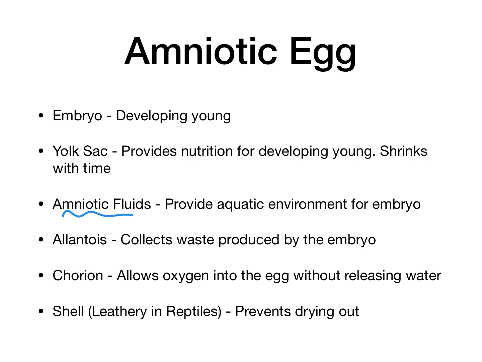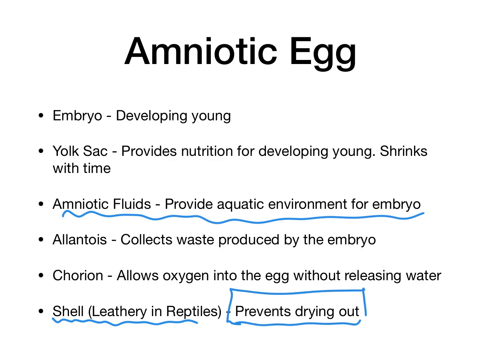This amniotic fluid puts the embryo in an aquatic environment. This would be similar to a regular egg, but this shell, which is really key, prevents the egg from drying out. This was a key advancement to living on land.